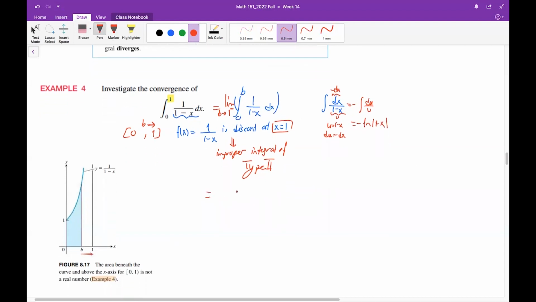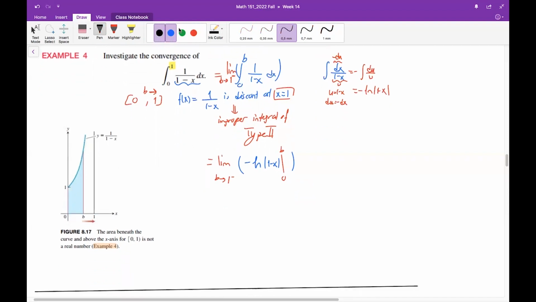So let me continue from here. b goes to 1 from the left, and the result of the integral is like that, minus ln of 1 minus x, and then I will insert the upper and lower boundaries 0 to b. After doing these insertions, I will take the limit. The limit as b goes to 1 from the left, so inserting the boundaries, minus ln of 1 minus b, minus minus plus ln 1. This is what we have inside the limit.